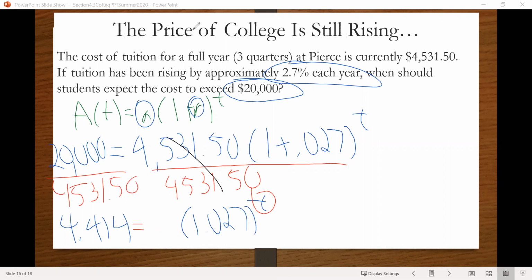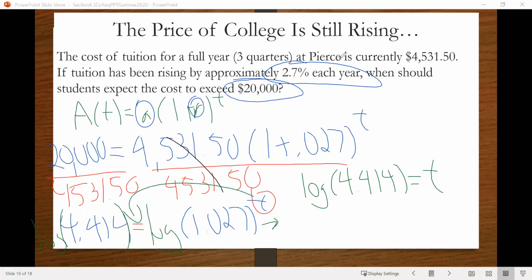So we'll take the log of both sides, log on the right, log on the left. That allows us to bring our exponent out front. So our equation then becomes log of 4.414 equals t times log of 1.027. We can divide by log of 1.027 on each side.